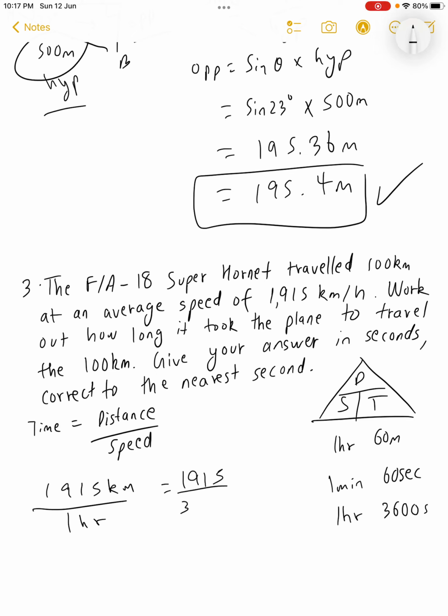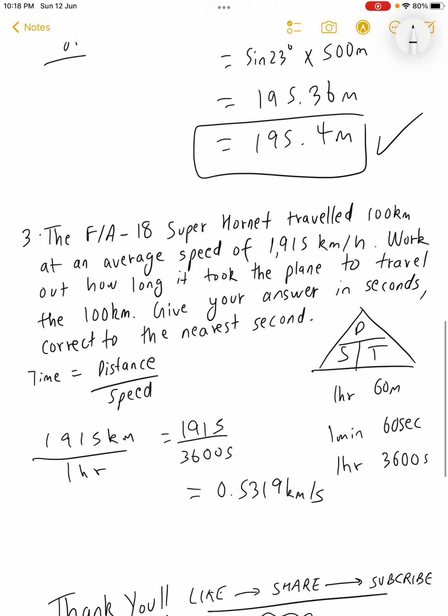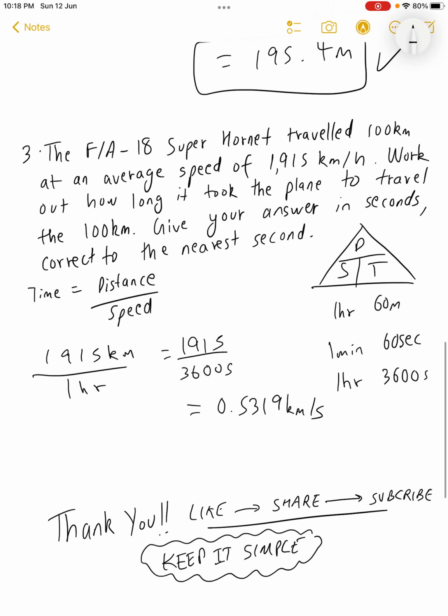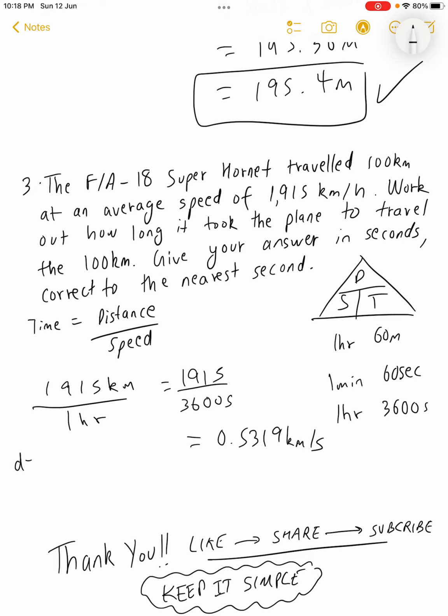So since you know that idea, you're going to do 1,915 divided by 3,600 seconds, to give you a value of 0.5319 kilometers per second. Now this is not the answer, so what you need to do is that you know your distance is 100 kilometers, and you know that your speed is now 0.5319 kilometers per second.